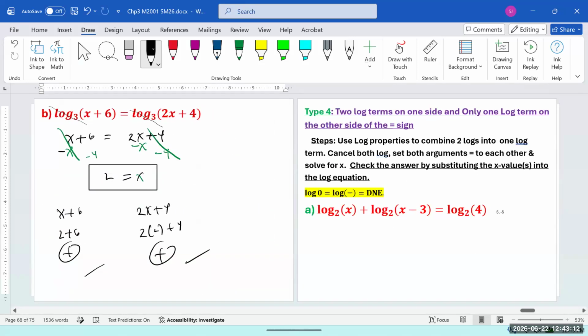Okay, now the last type. What if we have multiple logs? If you have single logs without anything extra, you cannot have any number or any variable plus or minus. If you have anything extra, just log, log, log, then what do you do?